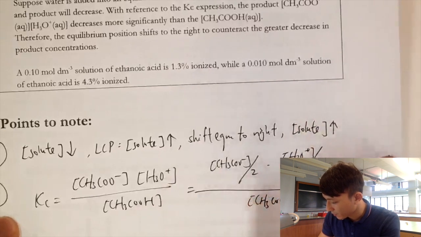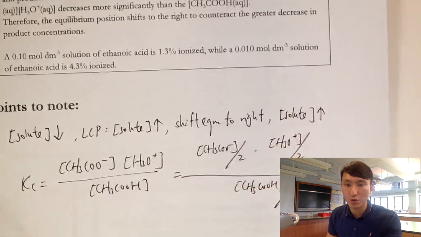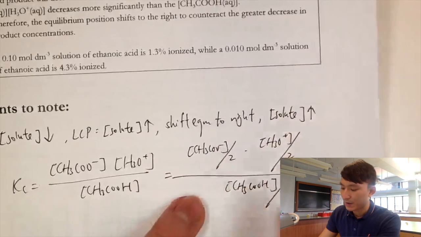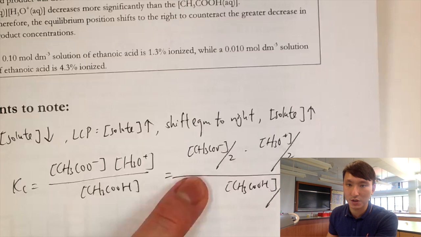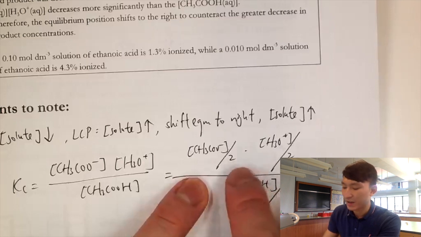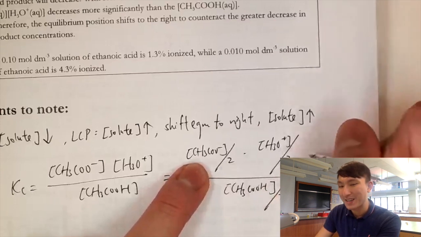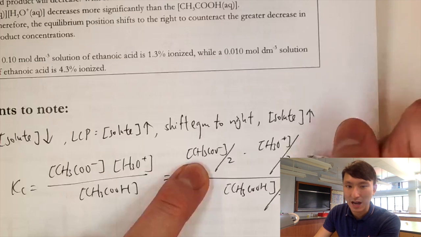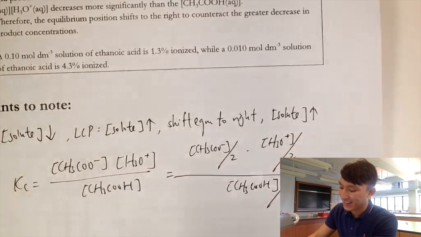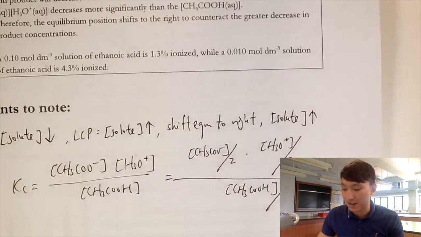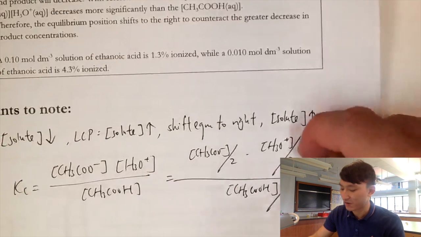Decreased by half, right? So you realize that because at the top there are 2 concentrations altogether, there's actually a 4 times decrease in concentration. So basically the products are more diluted than the reactant. We can think about it this way: it's more diluted than the reactant.